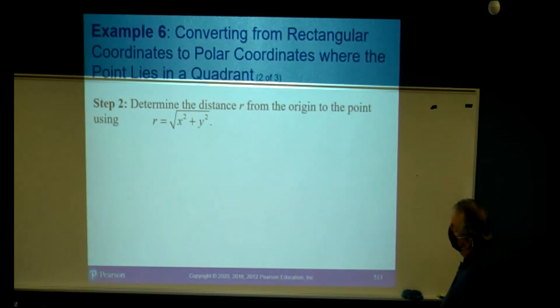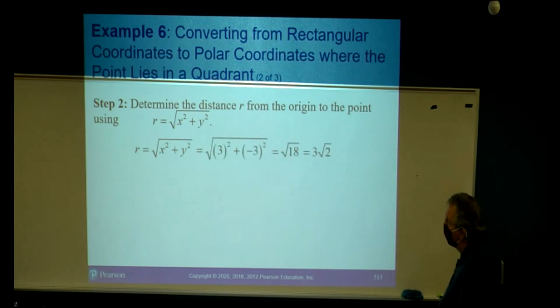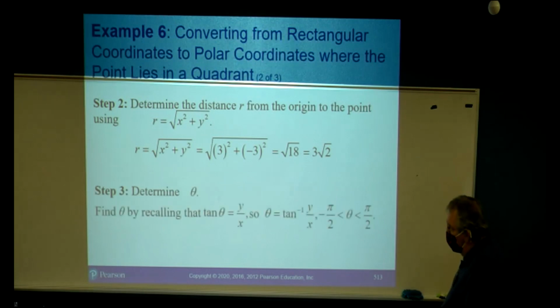All right, determine the distance R from the origin. So they're using the Pythagorean theorem or the distance formula. And they got this 3 square roots of 2. Determine theta. Okay.